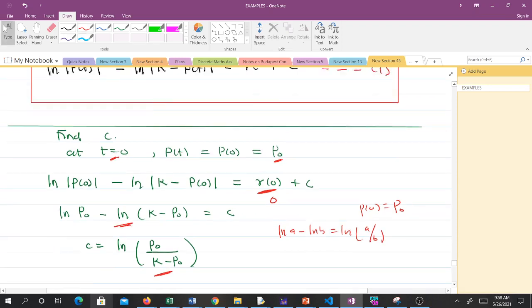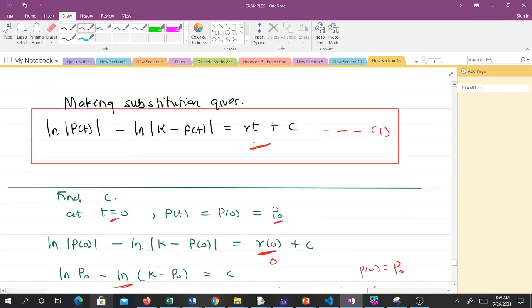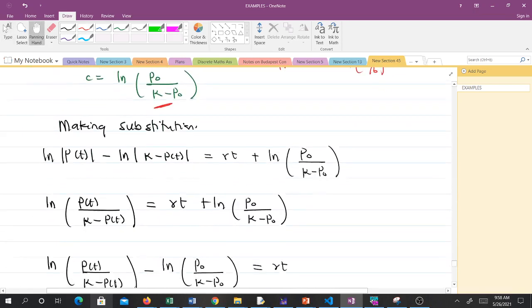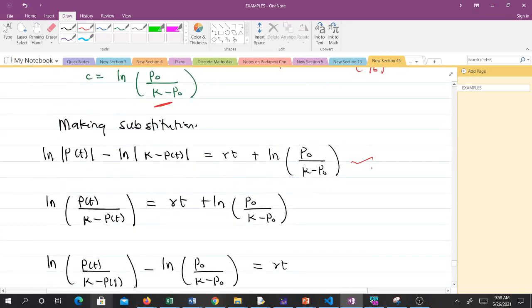So now we can put our c back into equation 1. So when we do that, we are going to get this. Then now we have to rearrange things here to make sure we get our p(t). Okay, all right. So we can also write the left hand side here as ln of p(t) over (k minus p(t)).